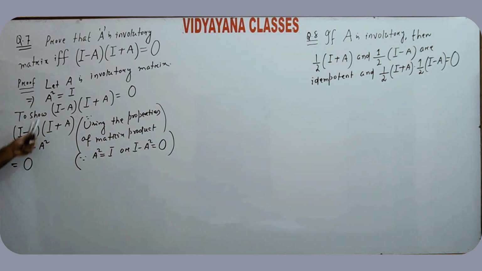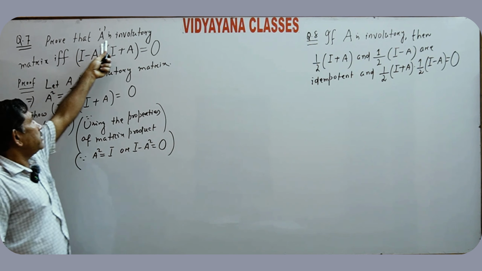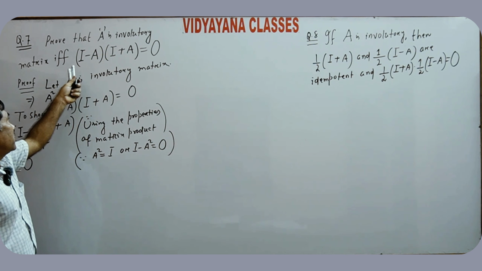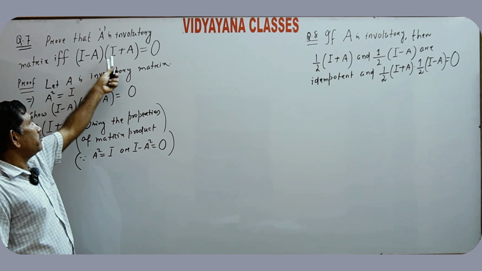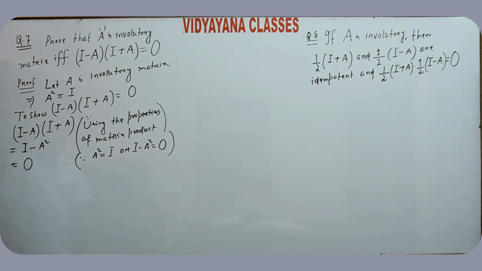Clear? So A is involutory implies the product of the two matrices is equal to the 0 matrix.